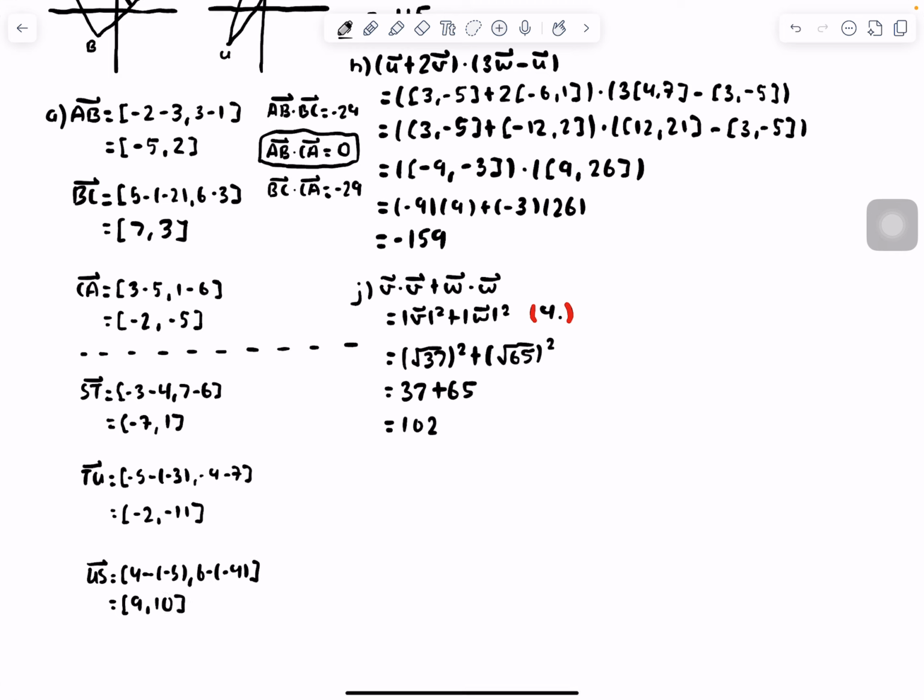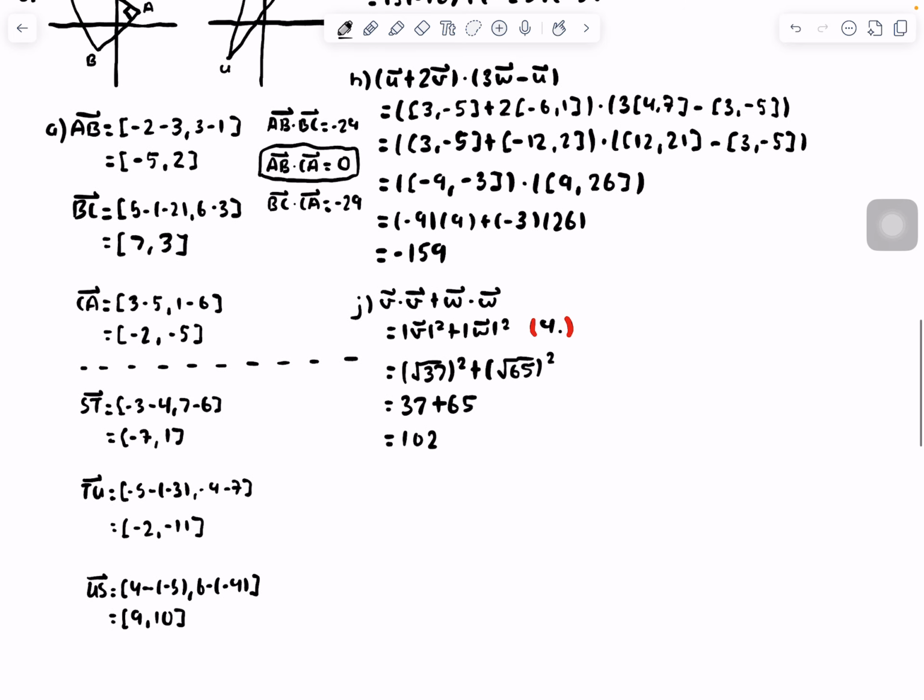All right. And let's compute each pair of side length dot products. ST dot TU. Make sure to add the vector symbols. ST dot US. And then TU dot US.